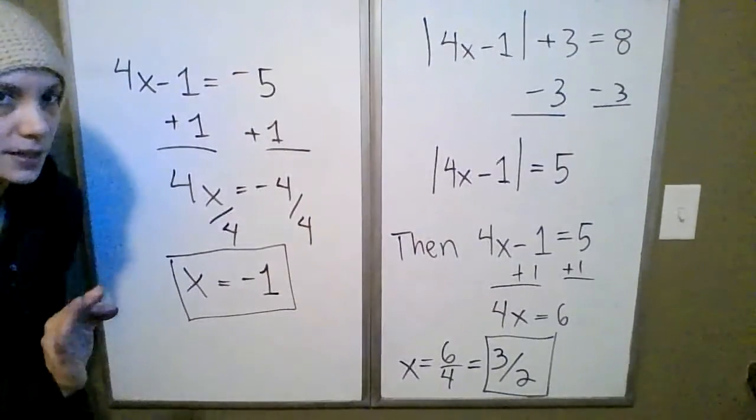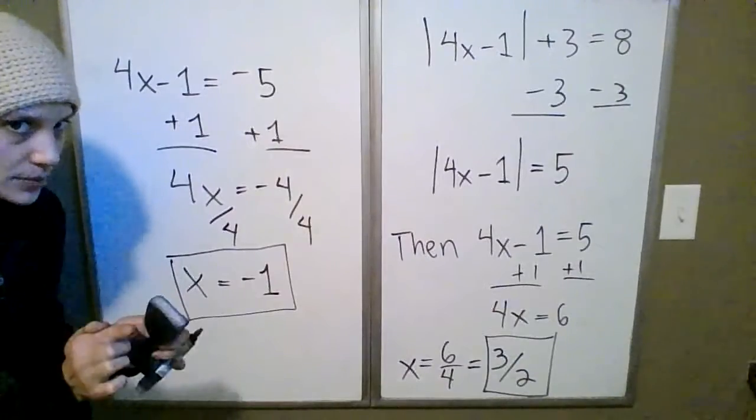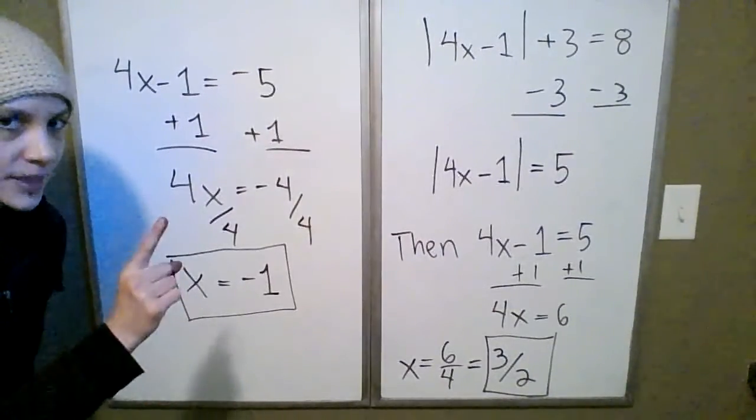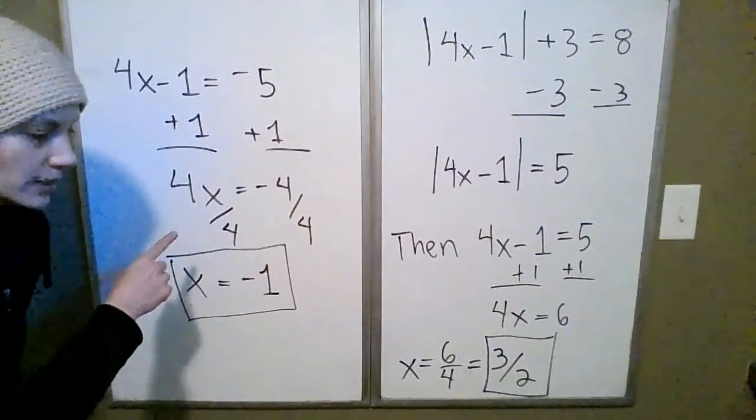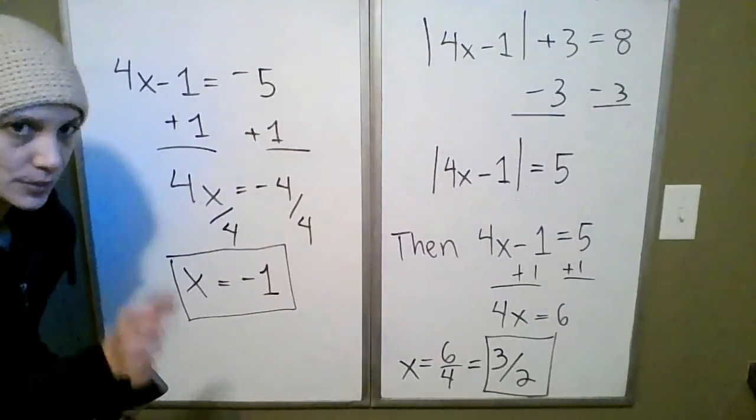Okay, so next is to talk about how to graph inequalities that have absolute values in them. And we're going over steps. The first step is the same for the problems we've been doing. You always start by isolating absolute value bars.